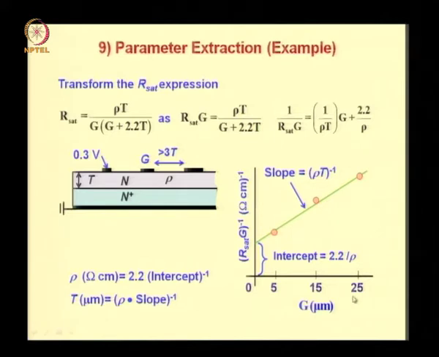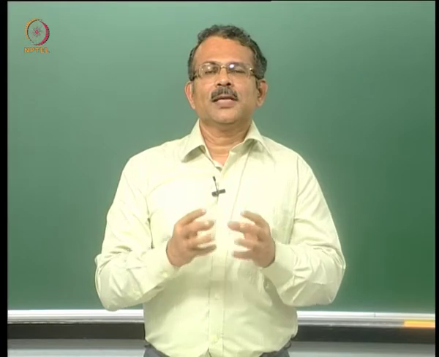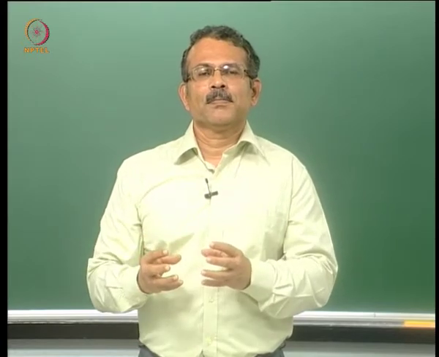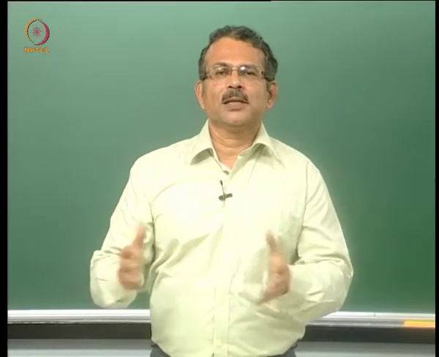Only when you plot it in this form, your rho and T will be having the dimensions shown here. Now fitting a straight line to these different points is a graphical method of averaging the results of rho and T for a large number of data points.